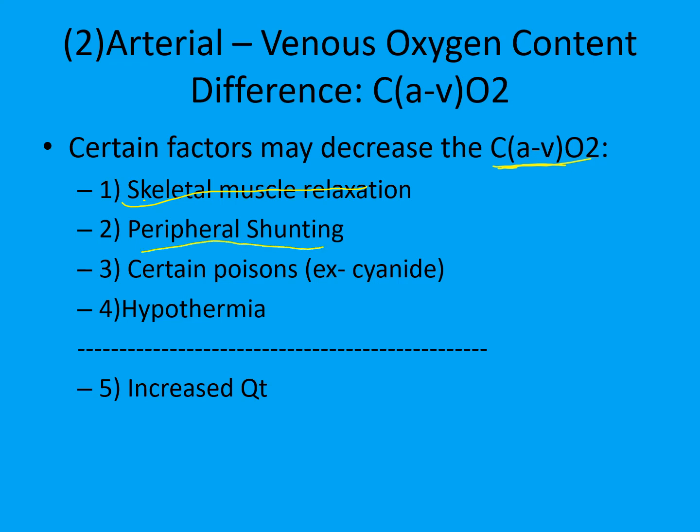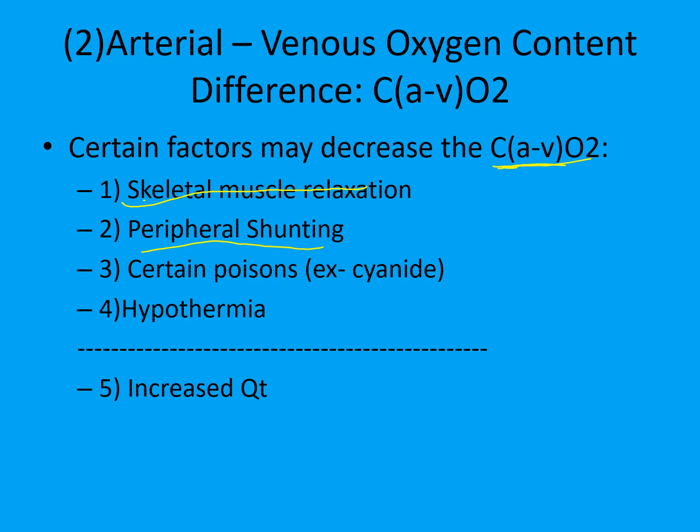Peripheral shunting, this happens with cold weather. This is something your body does. You know how your fingers and hands turn that bluish, grayish, purple mottled type thing? That shunting that happens where you vasoconstrict in cold weather, that's what you're doing there. If you vasoconstrict, you're decreasing blood flow to that area and therefore decreasing oxygen usage, or decreasing your metabolic rate in that area.